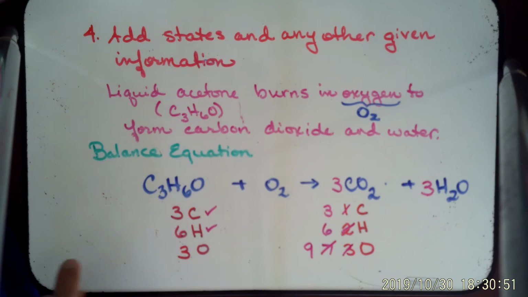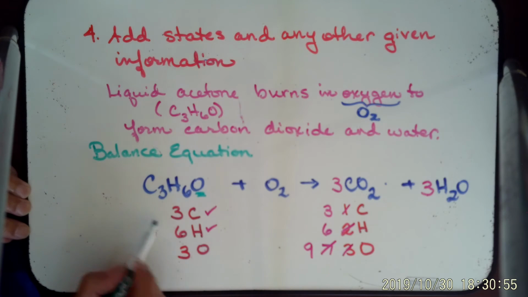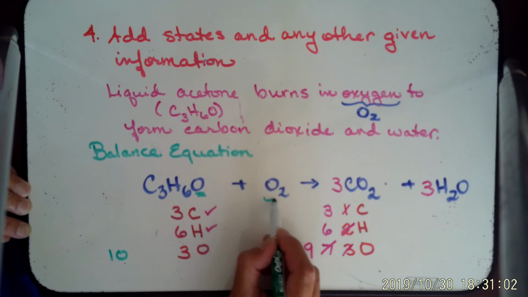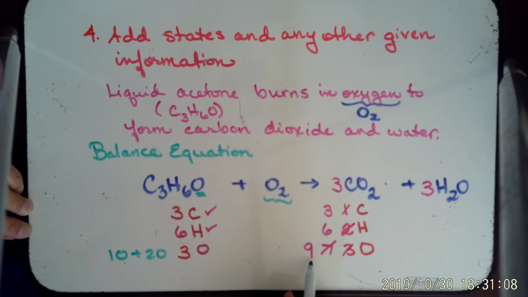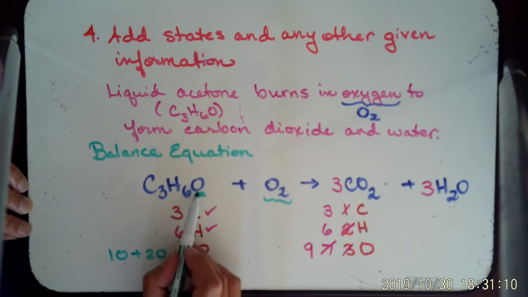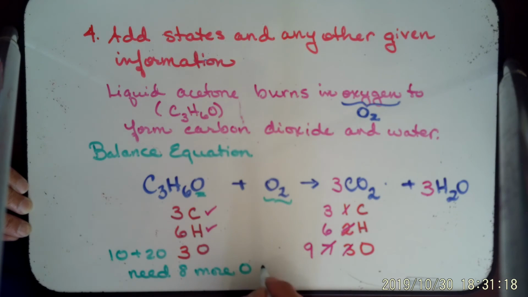On this side, I don't want to touch this oxygen because look, my carbons and hydrogens are good. So I have 1 oxygen, and then here we haven't done anything with, plus 2 oxygens. Okay, that gives me my 3. I have 9 here. So if I keep this 1, then I need 8 more to get 9.